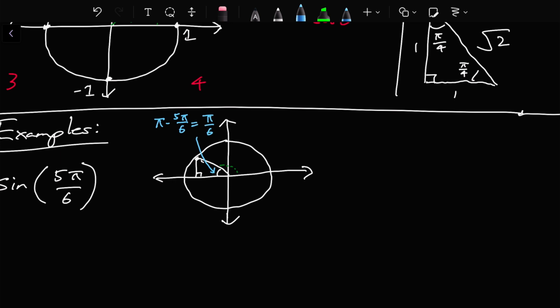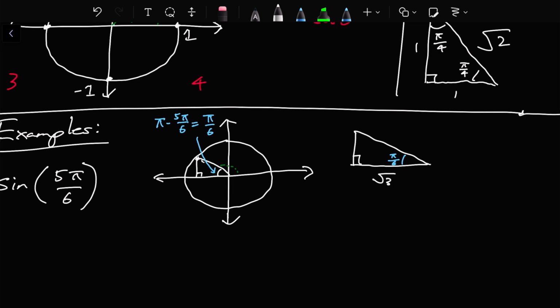In other words, this is a triangle, which I'll draw bigger over here, with an angle of pi on 6. So it's basically our exact value triangle, so we can use it. We know this is root 3, this is 1, and this is 2.